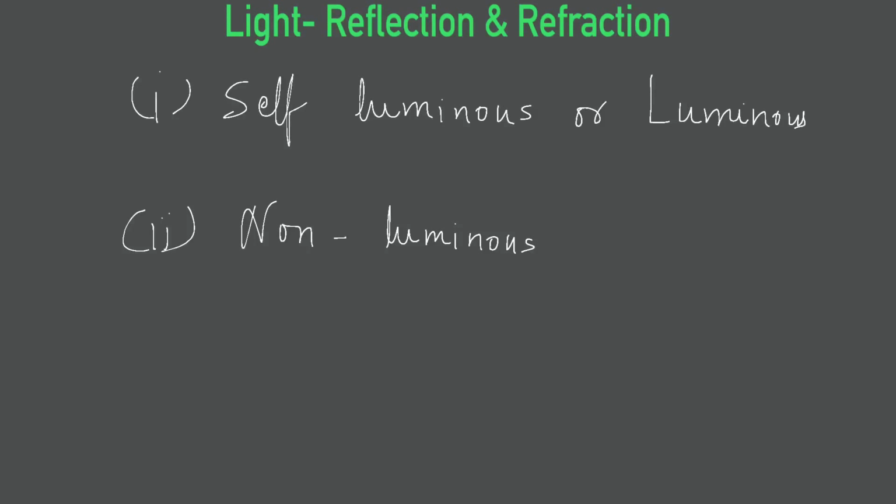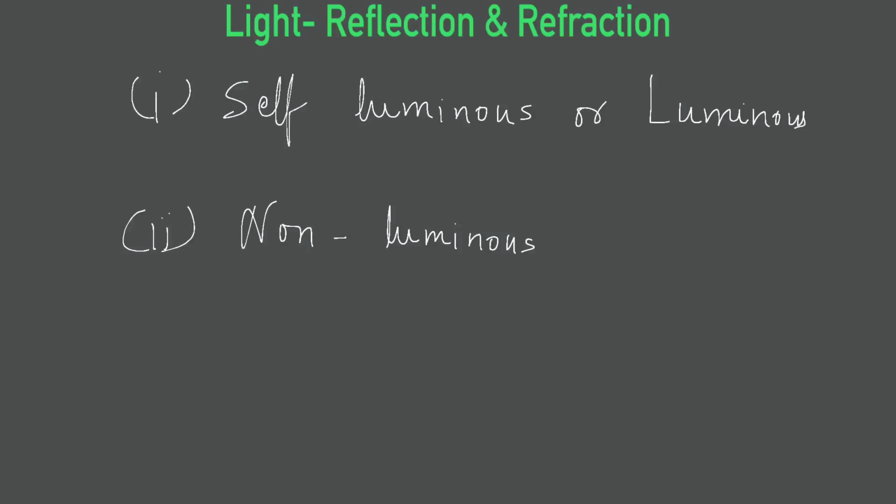Let us discuss another division of sources of light. Sources of light can be divided on the basis of their luminosity. There are two types of sources of light or objects. One is self-luminous or luminous, and the second one is non-luminous.